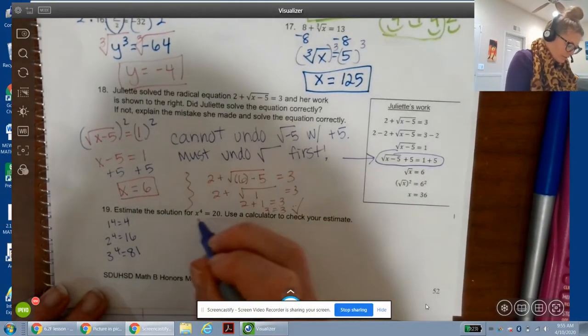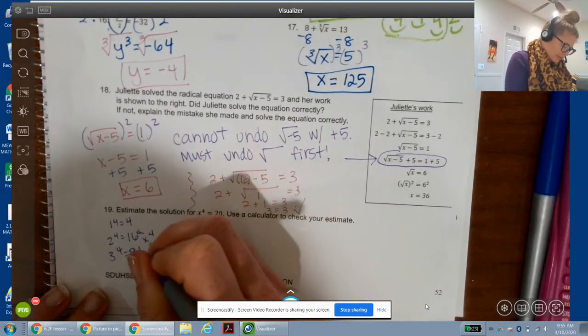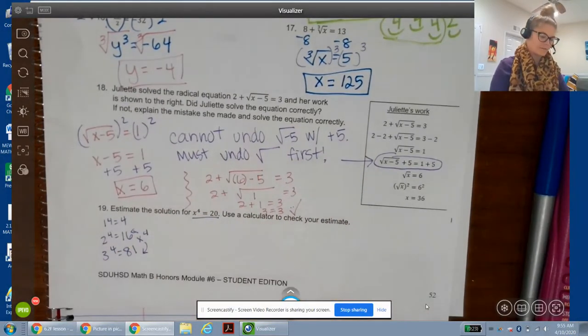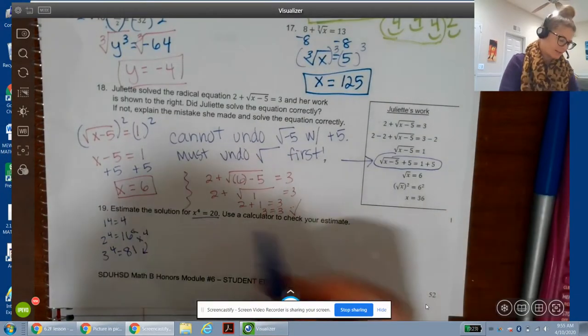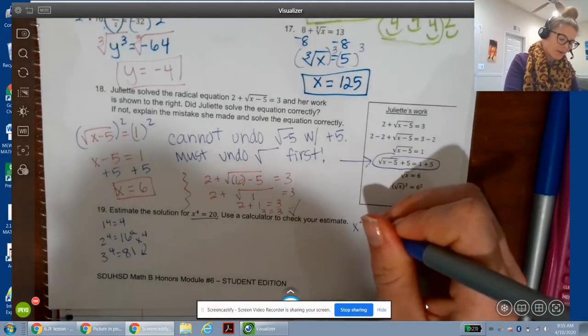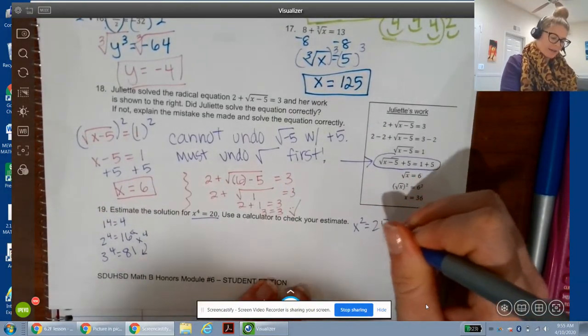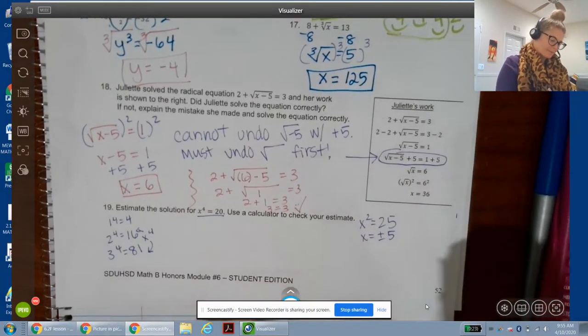Well, then we know that 20, x to the fourth, is in between 2 to the fourth and 3 to the fourth. But we have to be really careful because this is a fourth power. So similarly with x squared equals 25, x could equal plus or minus 5.